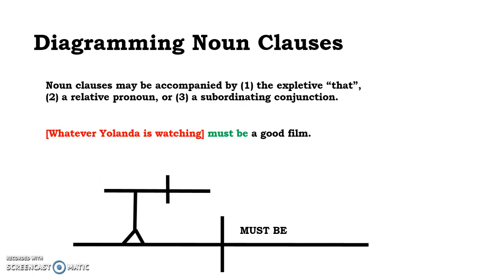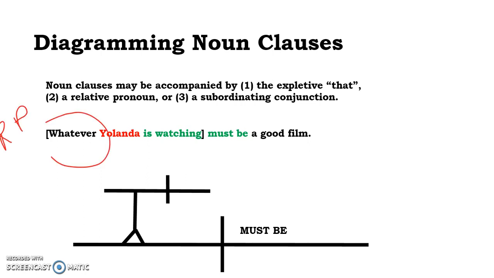So I put my pedestal in the subject spot, must be in the verb spot, and then I just begin looking at the parts of the noun clause. Is watching, that's our progressive aspect verb. Is watching goes in the verb spot, and then Yolanda, the subject, goes in the subject spot.